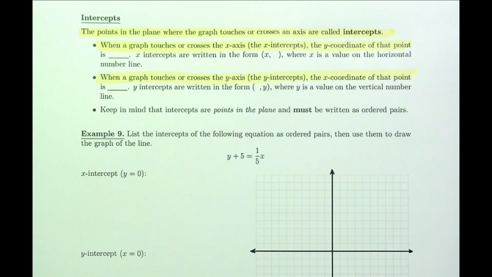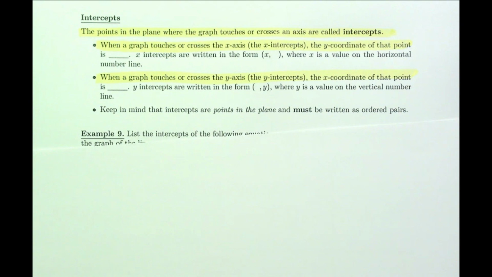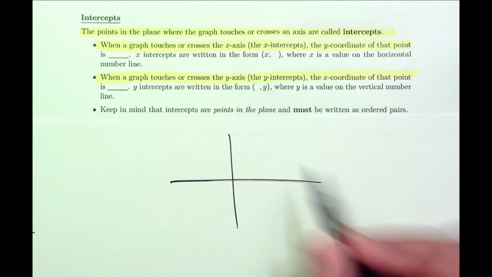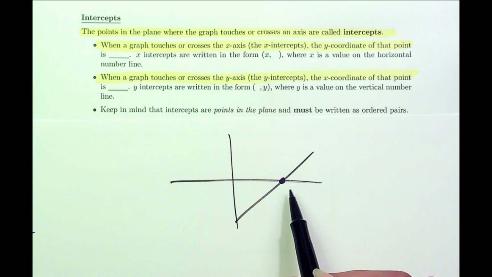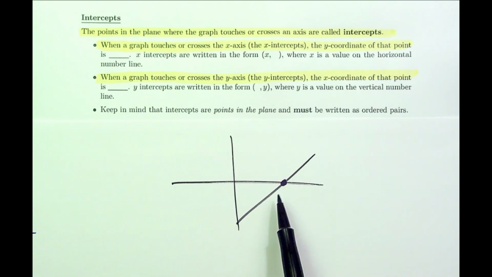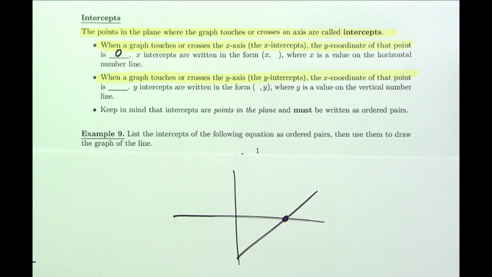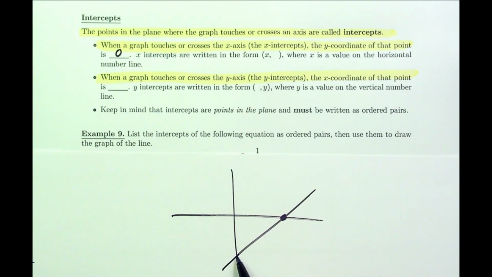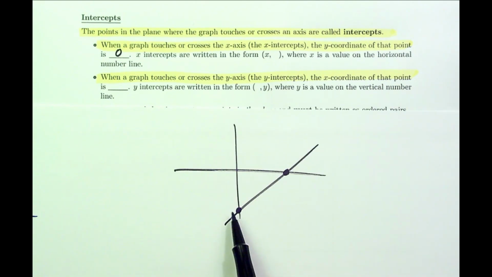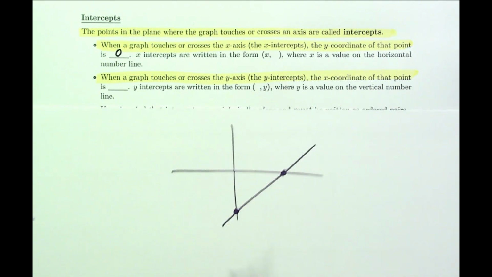Okay, at a point where the graph touches or crosses the x-axis, what is the y-coordinate? The y-coordinate of that is 0. And similarly, when you have the y-intercept, the x-coordinate of that is 0.